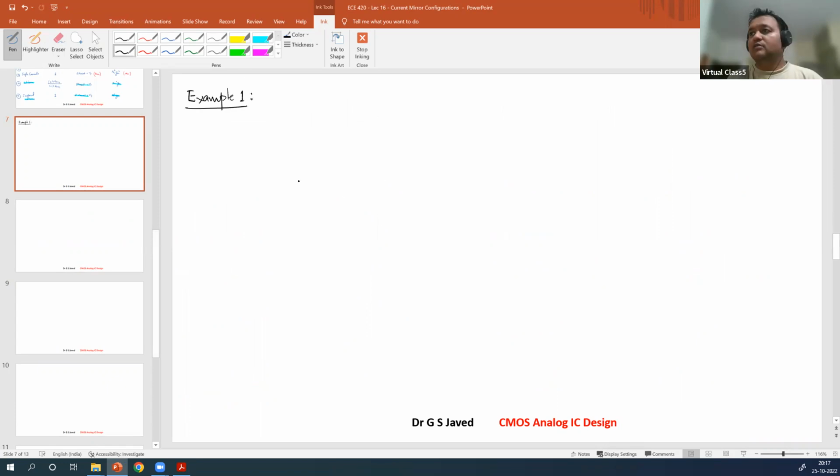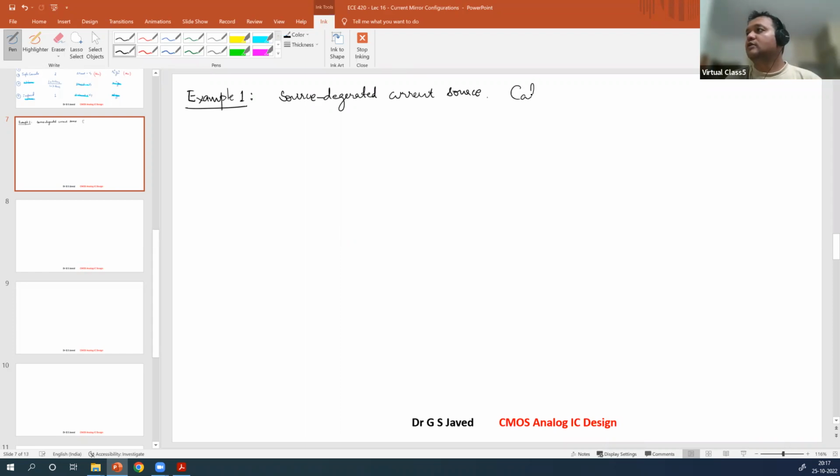The figure below has a source degenerated current source.